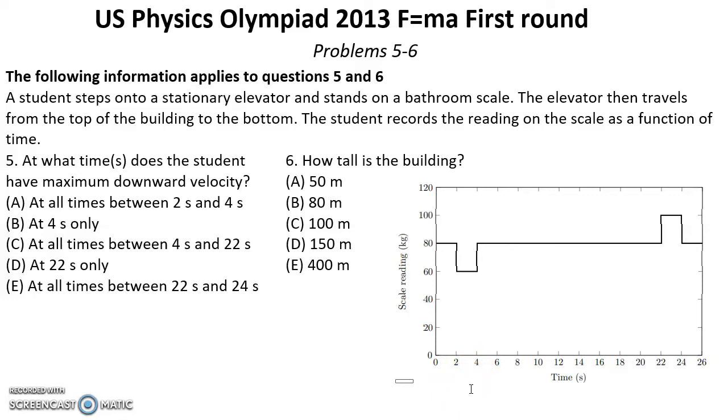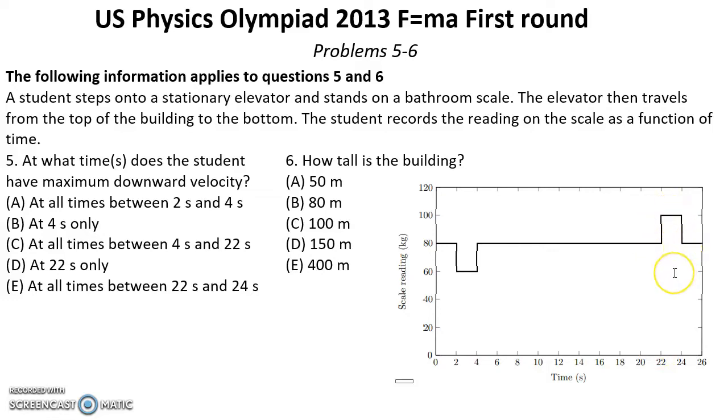It means that elevator going down with a constant acceleration, so velocity is increasing, and when it reach 4 seconds it starts to move with a constant velocity, because here we have reading of scales the same as weight of student. So we have maximum velocity between 4 and 22 seconds, and after that the reading is going up.